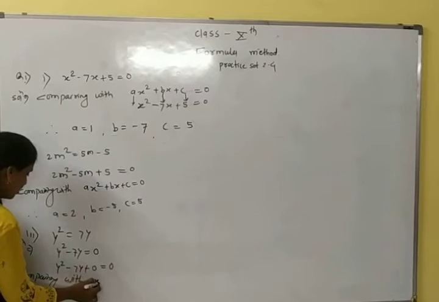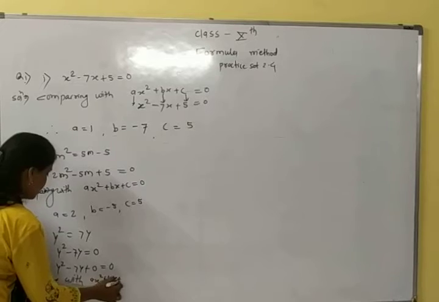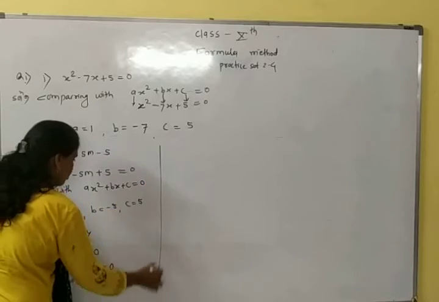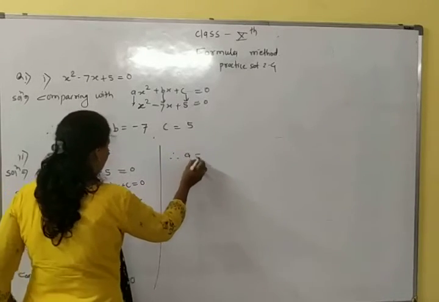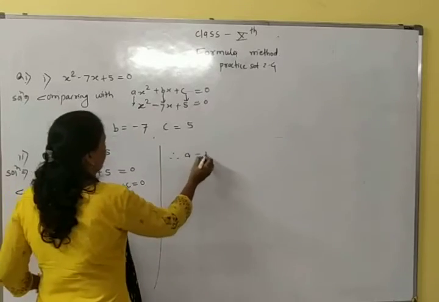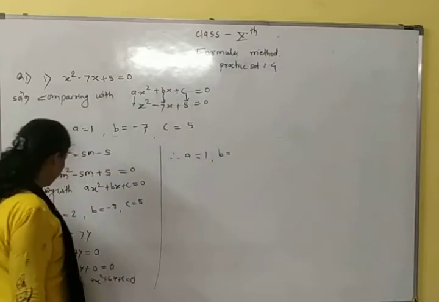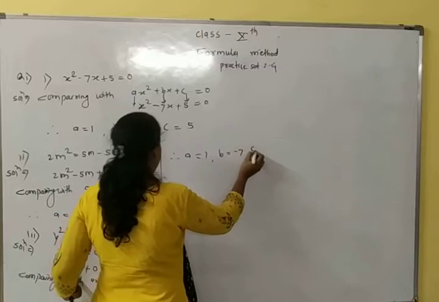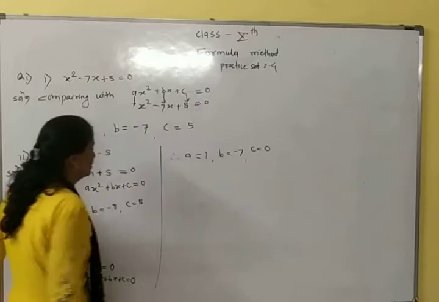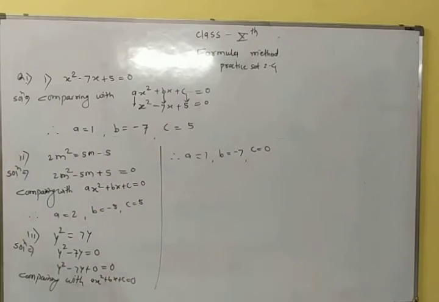Comparing with ax² + bx + c = 0, a = 1, b = −7 and c = 0. These are the values of a, b and c.